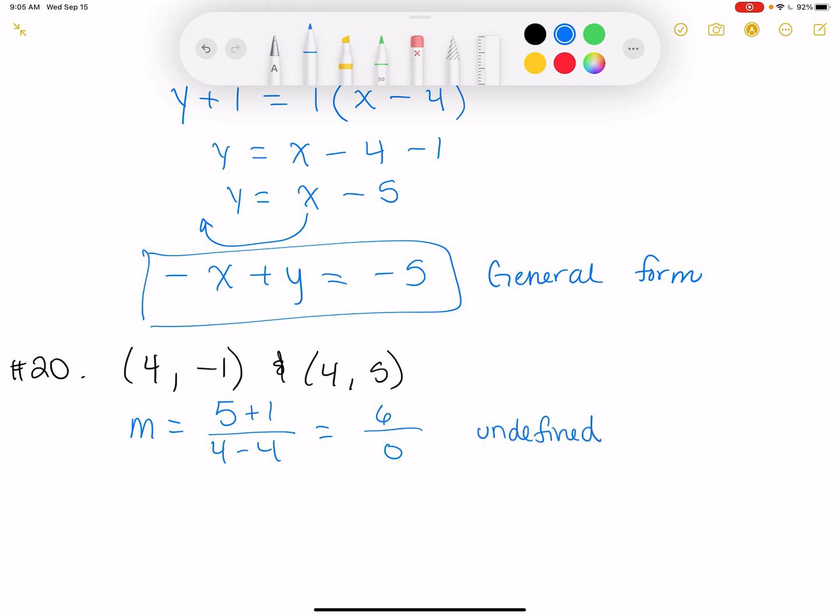I needed to think if it was a 0 slope or undefined because I just saw 4 and 4 and I was like, oh, it's probably 0. It's bad that I didn't remember that something over 0 is undefined. But you can still get an equation of the line. How do you do that if it's undefined?